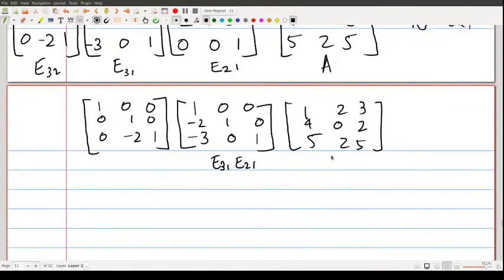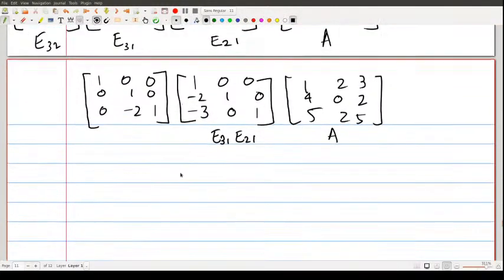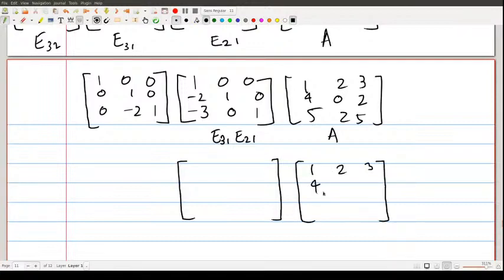All right, let's combine these two. Just the last thing that I need to do here, and then we'll have the answer. That's A. And if I combine these two together, preserve the first row, 1, 0, 0. I'm just multiplying these two matrices. This was E32.